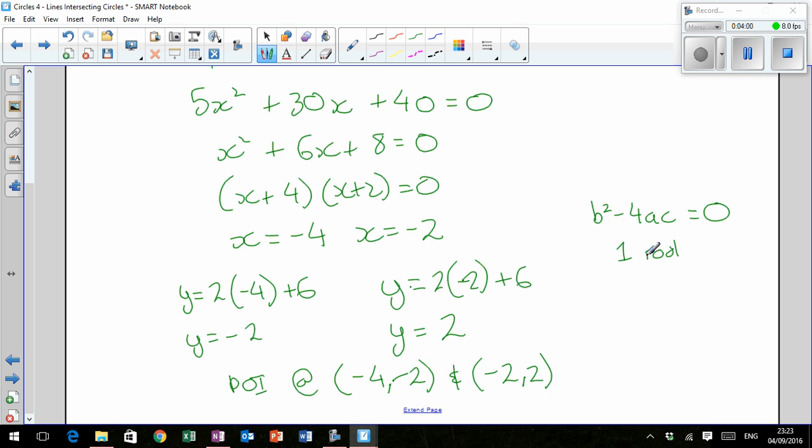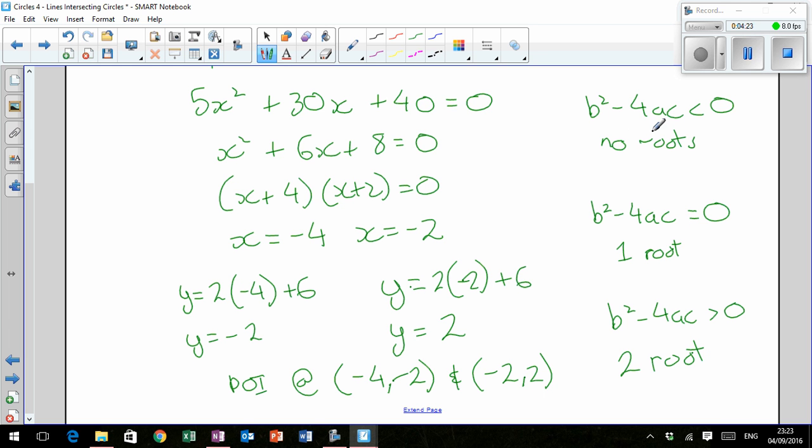You're going to get 2 roots, but they're both the same. You're going to get no answers when there's no roots. And you're going to get 2 answers when your discriminant is greater than 0. You're going to get 2 roots like we have here.